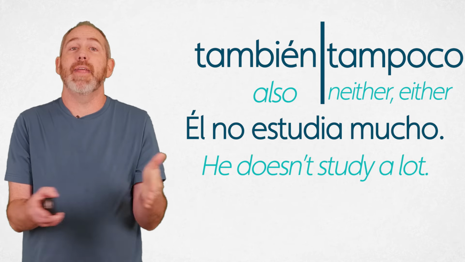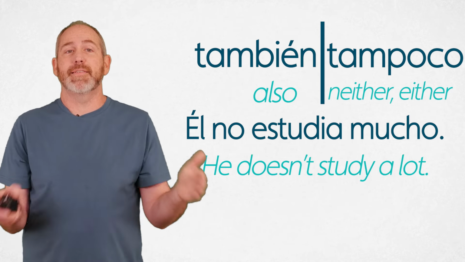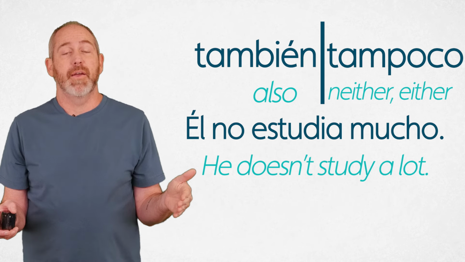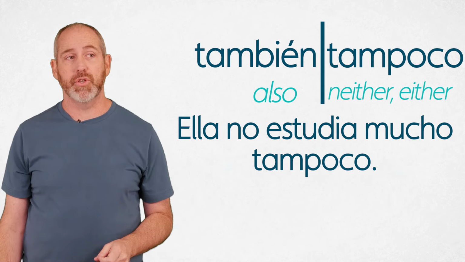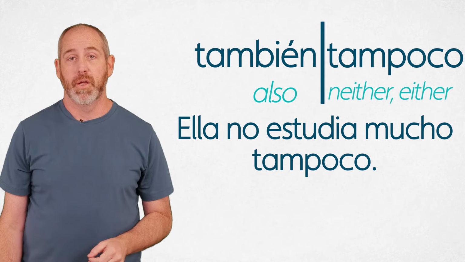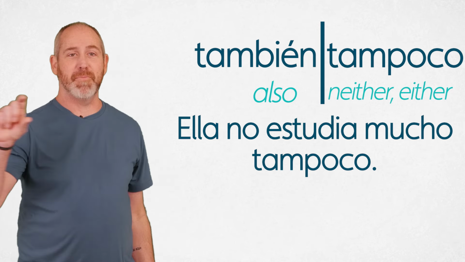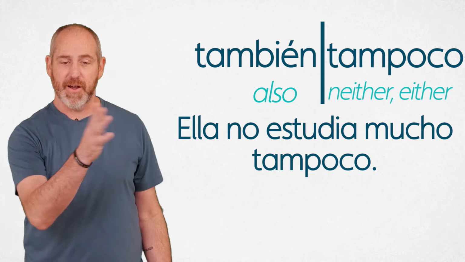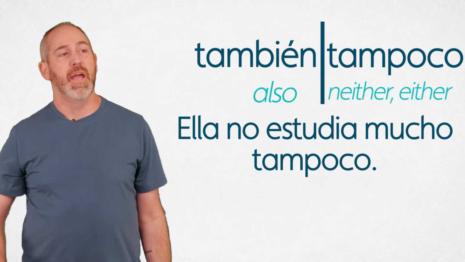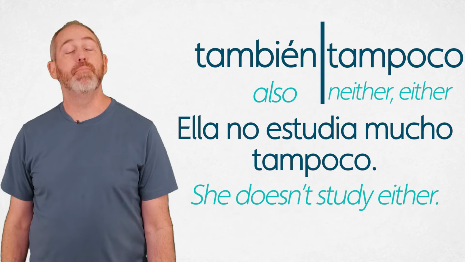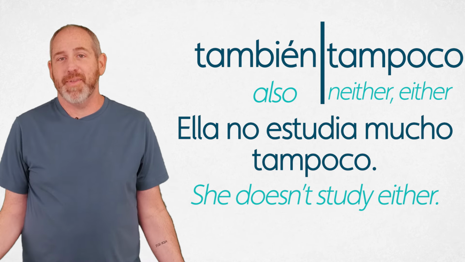Okay, so we're kind of laying down a foundation, saying a sentence, but now we're going to say, she doesn't study either. Ella no estudia mucho tampoco. Okay, so we've already established he doesn't study. That's kind of laying our first thought down. And now we're saying she doesn't do that either. Ella no estudia mucho tampoco. That's how we use también and tampoco.